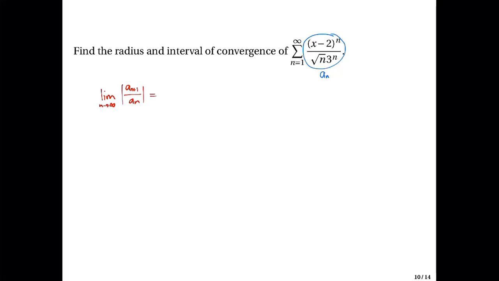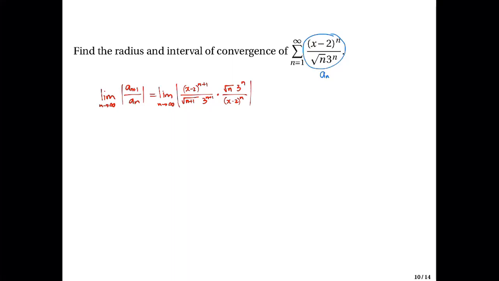So in here, this is just the limit of x minus 2 to the n plus 1 over square root of n plus 1, then we have 3 to the n plus 1. And then let's multiply this by the reciprocal of a sub n. The reciprocal is just square root of n, 3 to the n, over x minus 2 raised to n. Then we close this absolute value.